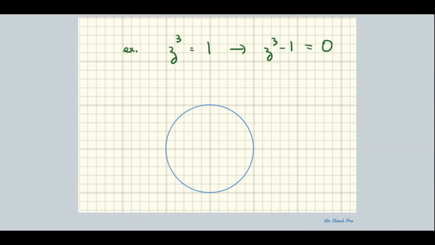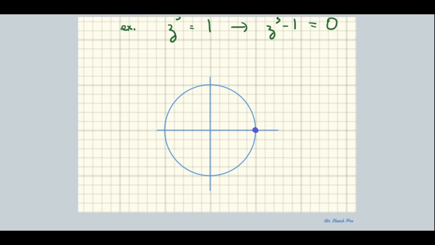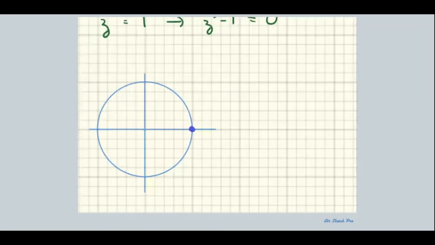This is the unit circle on the complex plane. And everybody tells me that the cube root of 1 is just 1. Yeah? Now, to find the other cube roots, okay? And again, this is 1, and I'm going to call it 1 at 360 degrees so you can see it. That's in polar form.